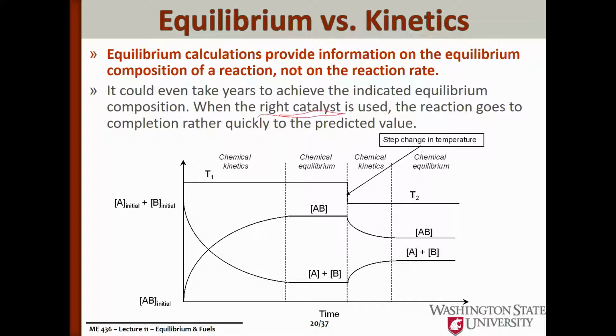Catalysts can speed up reactions at low temperature. So that's an entire field of study, is to speed up kinetics and get them towards equilibrium at conditions where you prefer the equilibrium. So let's say you want to make ammonia.